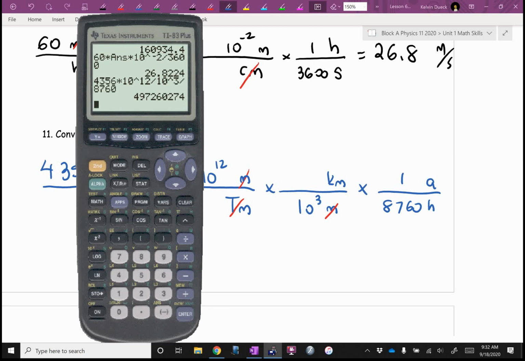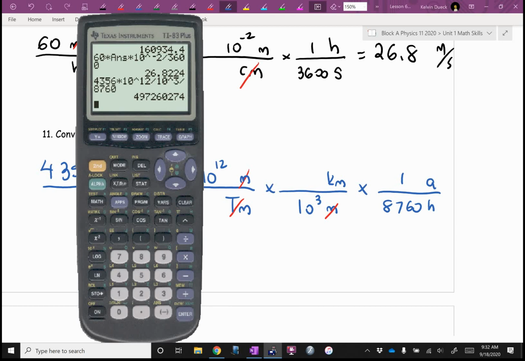Let's round this off in scientific notation to 3 sig figs. So, how would I round this off to 3 sig figs in scientific notation? 4.97 or 4.98?